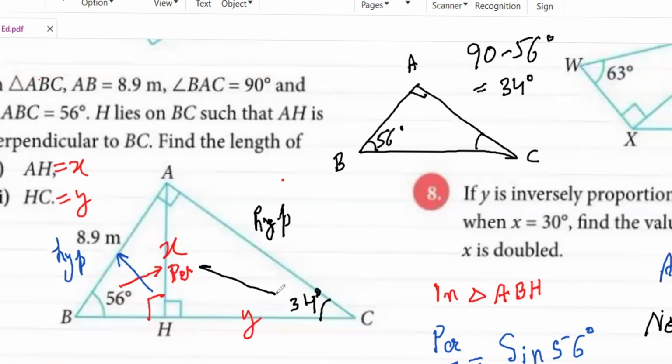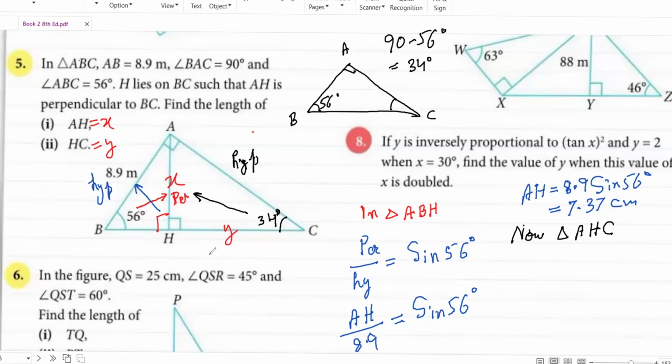Again, this side AH is the perpendicular and the required side is HC. So again, we are going to apply tan. I am using perpendicular over base because I am going to use the tan ratio. Perpendicular over base, the base is HC, is equal to tan of 34 degrees.